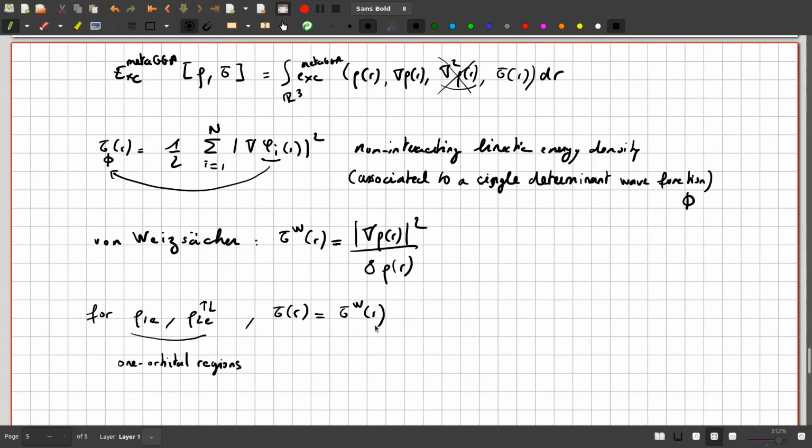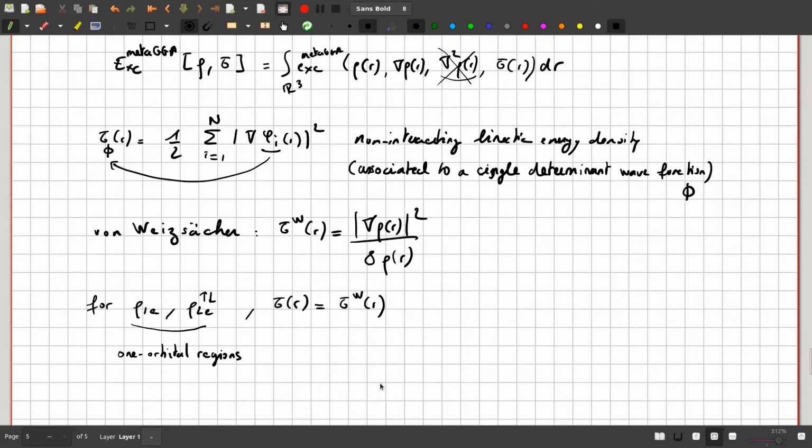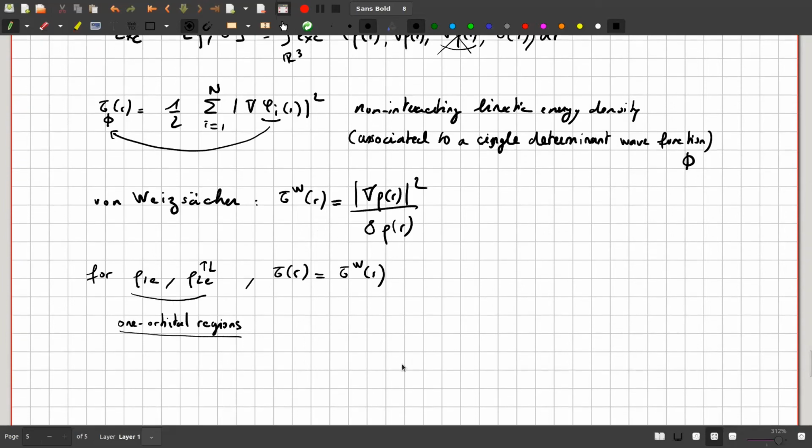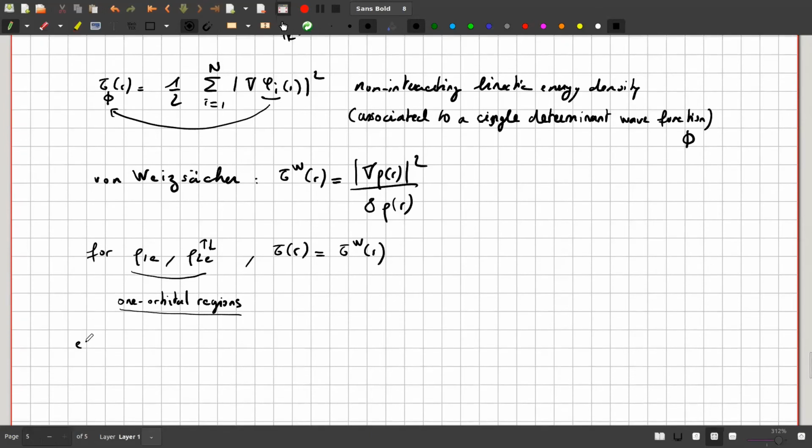Then you can design indicators to identify these one-orbital regions. For example, what has been proposed is an indicator called z of r, which is simply the ratio between tau_W and tau of r. Whenever this indicator is 1, it means that you are in these one-electron regions.